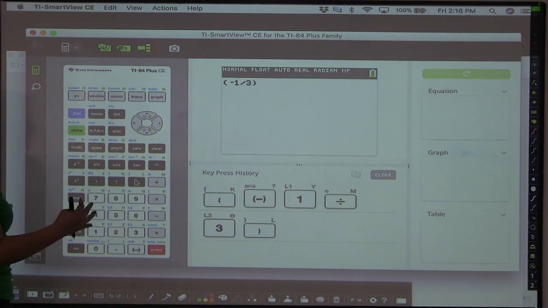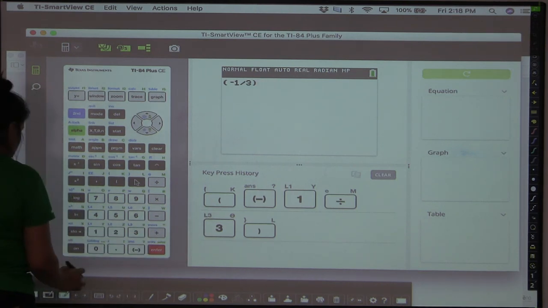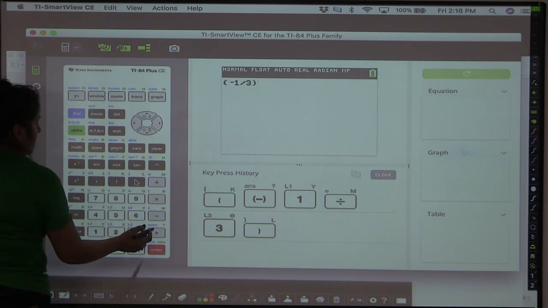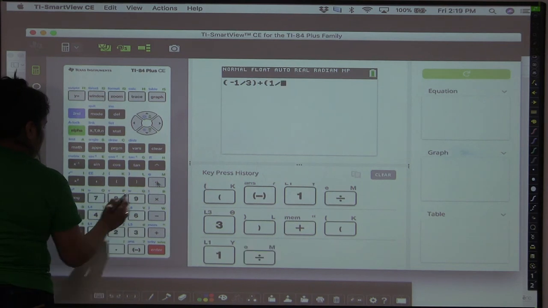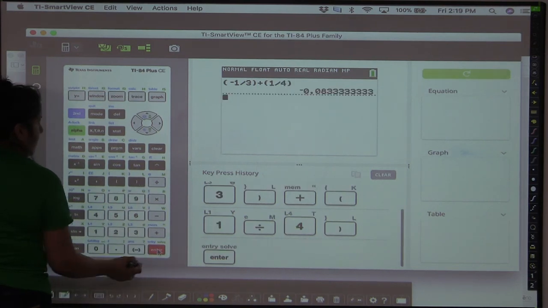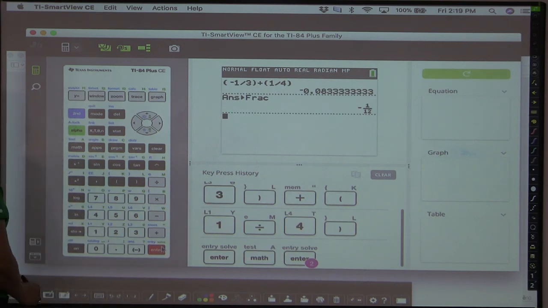And our period is pi. So if I add 1 to that, no, I'm sorry, our increments are pi over 4. So I'm going to add 1/4 to that, and I'm going to get this crazy fraction, negative 1/12.